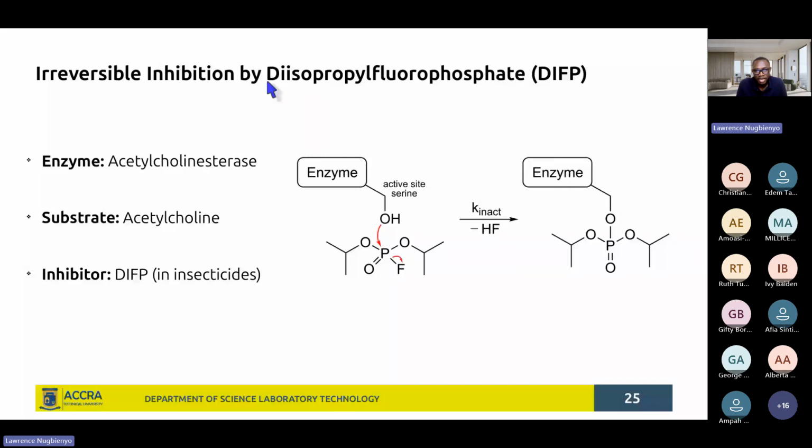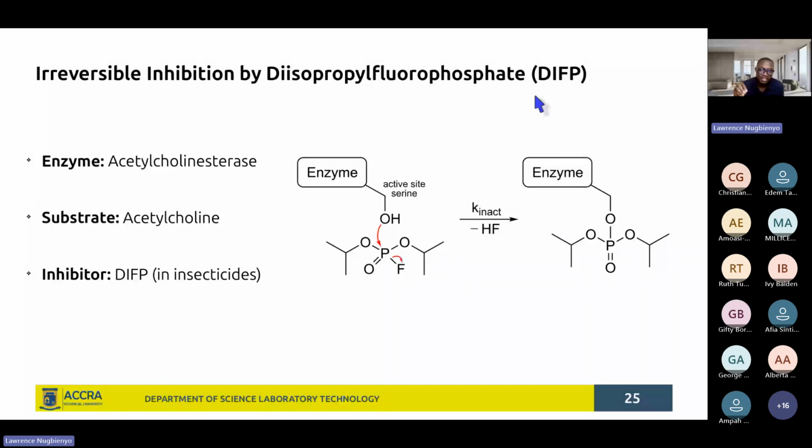Irreversible inhibition by diisopropyl phosphate. So this is, if you take some pesticides that are in the group of organophosphorus or organofluorophosphorus pesticides that act as inhibitors to the enzyme acetylcholine esterase.